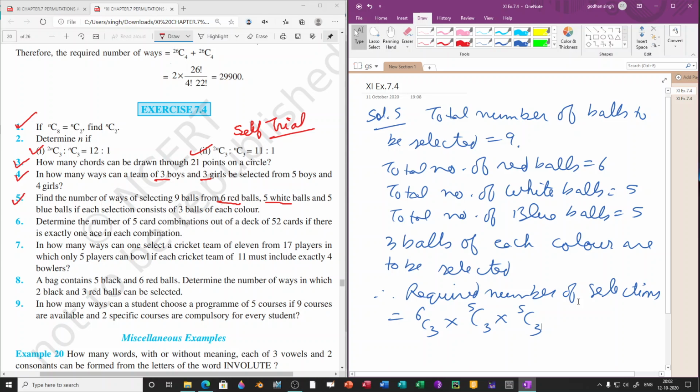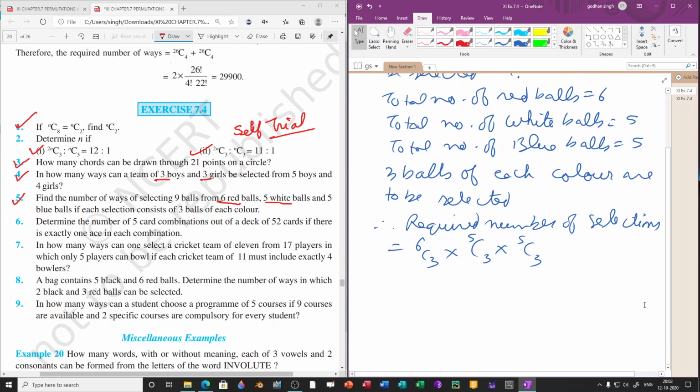So simplifying this, we can simplify it by using the formula of nCr. So this will be equal to 6 factorial over difference of 6 and 3, which is 3 factorial into 3 factorial, into 5C3, that is 5 factorial over 5 minus 3, that is 2 factorial into 3 factorial, multiplied by, again the same thing, 5 factorial over 2 factorial into 3 factorial.